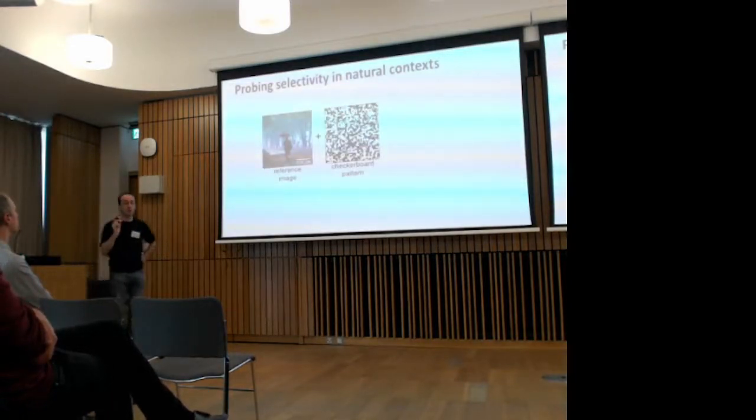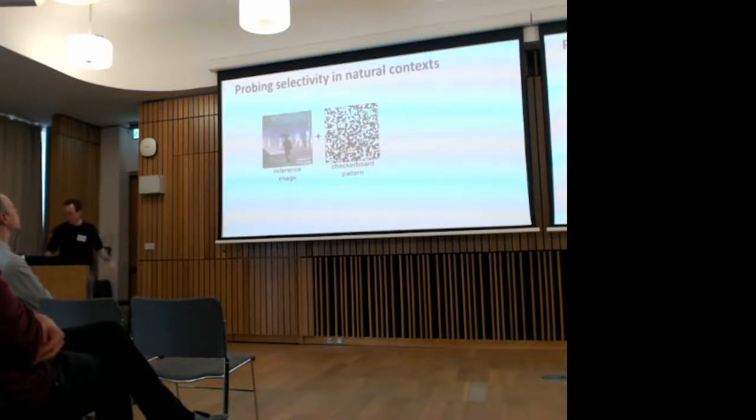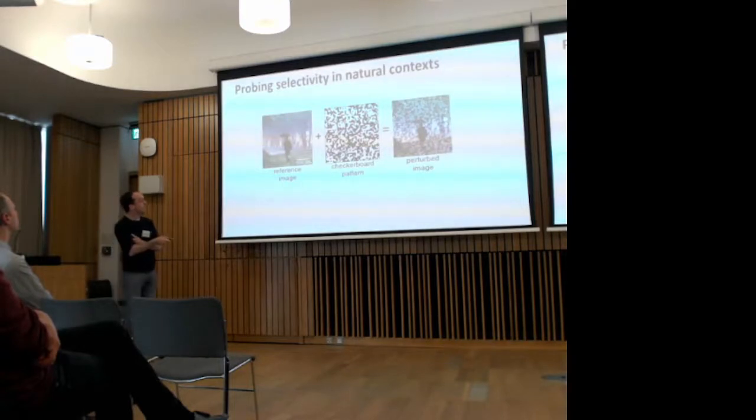One important thing to say here is that the amplitude of the checkerboard is relatively small. We choose it so that it evokes a barely detectable change in the response of the neuron we're looking at. That's an important point. So it's just a small amplitude checkerboard. That's what it looks like. I amplified the checkerboard a bit so that you see it better.